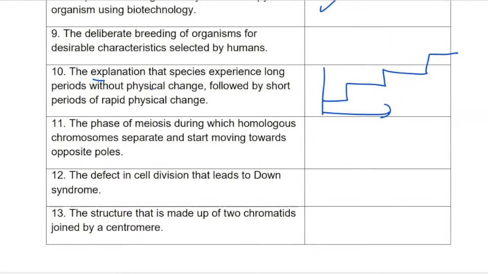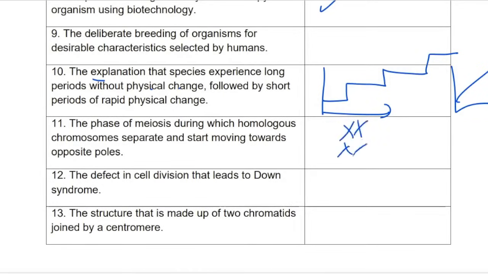We call it punctuated equilibrium. If they bring two graphs and one is like the ladder, you just know that it is called punctuated equilibrium.